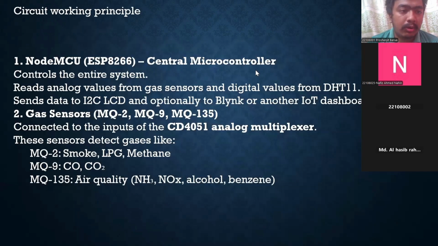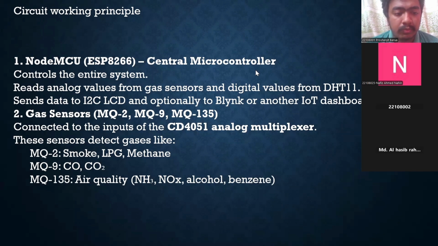And we explain our working principle in this slide. The NodeMCU, which controls the entire system, reads analog values from the gas sensors and digital values, and sends data to the I2C LCD and Blynk mobile app. The gas sensors MQ2, MQ9, and MQ135 are connected through the CD4051 multiplexer. The MQ2 measures smoke, LPG, and methane.